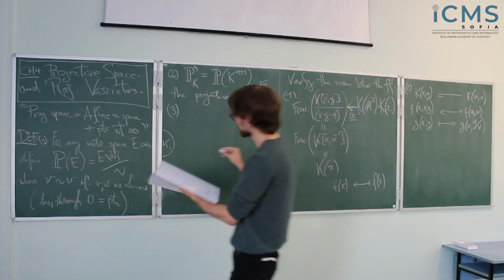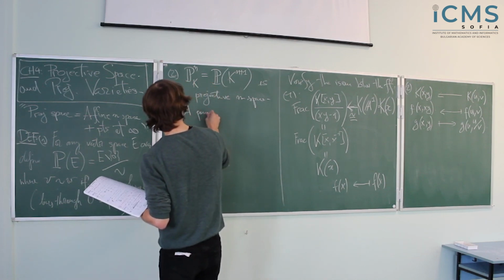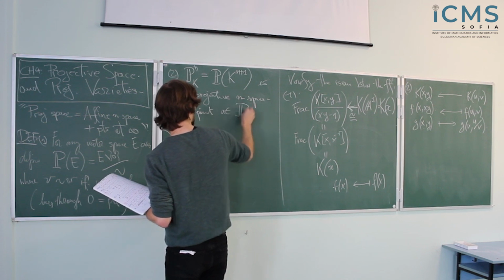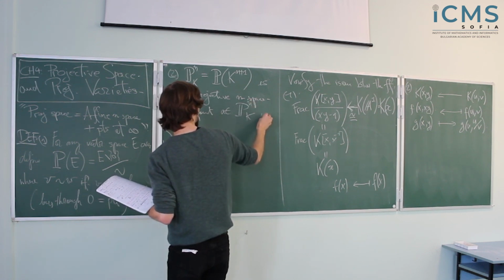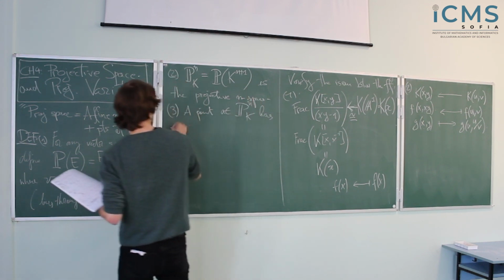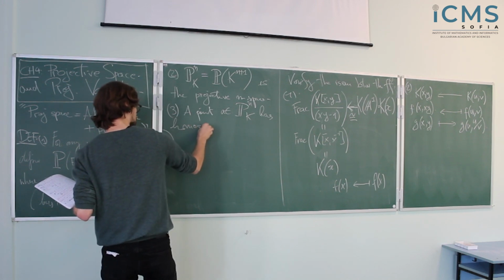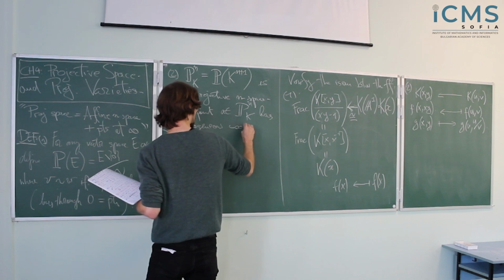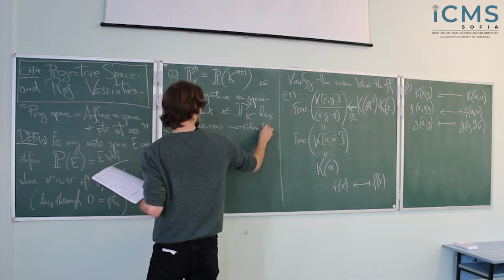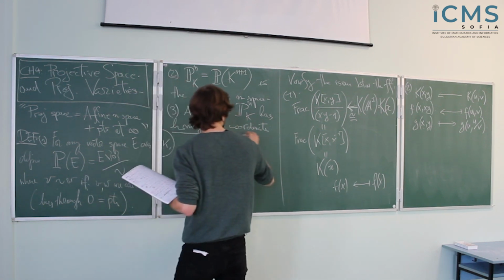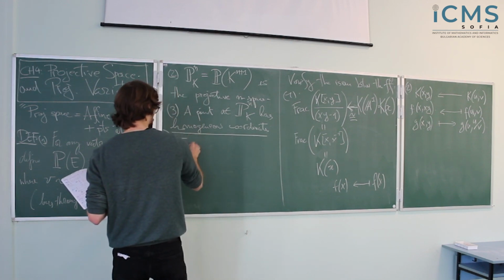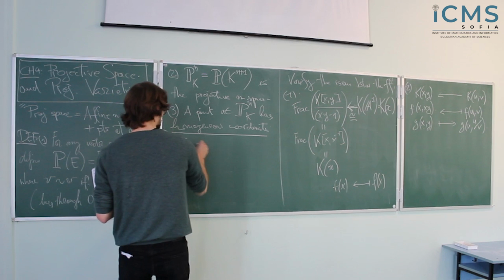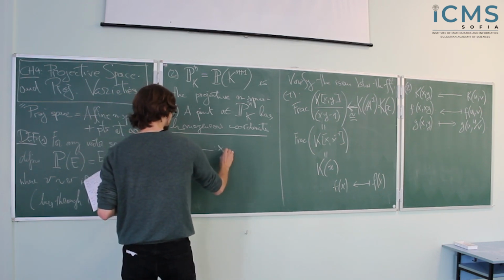Okay, so let's say a point A in P^n(K) has homogeneous coordinates, which I write with brackets. Gathmann doesn't use brackets, but I do.